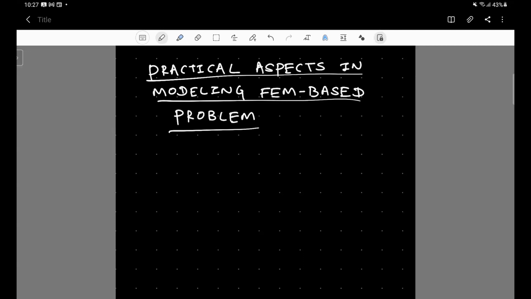Also how to simplify a problem when there is symmetry present, how to tackle different boundary conditions, and whether we could increase the number of nodes and use higher order shape functions to improve the results. There are different aspects which we can consider when we're tackling a problem.